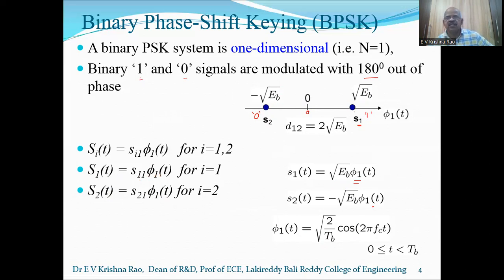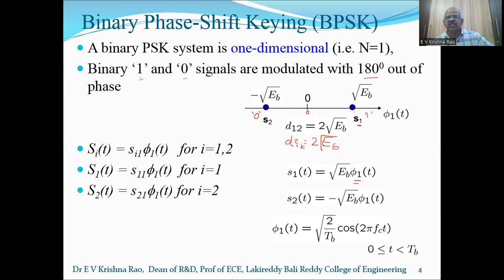Now the equivalent distance between these two signal vectors, root EB and minus root EB, is the distance d12.